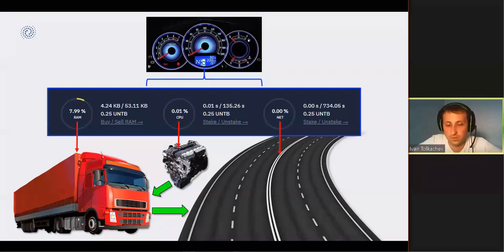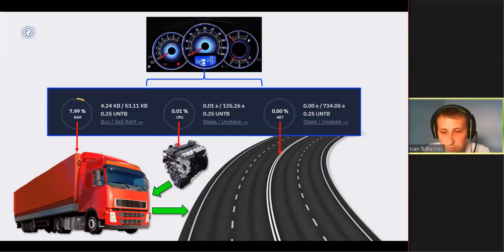The next parameter is CPU. This is the speed of information or data processing. There should be a processing time, and it is similar to the engine of your car. You have a truck with a lot of fuel tokens on it, but you cannot move it. Why?